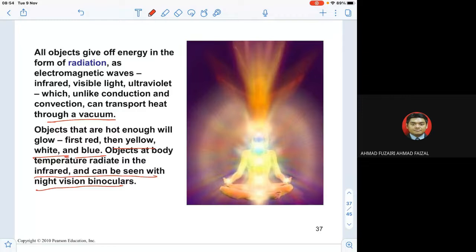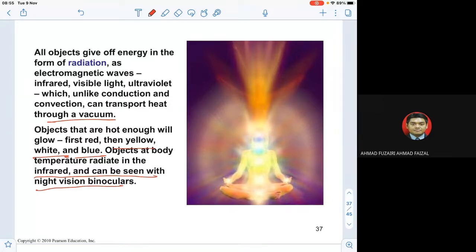If you look through night color vision, you can see this on our bodies. If we get warmer on certain sides, it will get hotter, and you can see the change in colors on those sides. So all of this is what we call radiation.